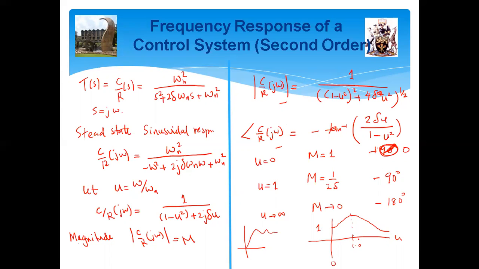For frequency domain, you need to show both the magnitude and the phase. So the phase, you can plot this and you'll get something like this. This is just a sketch. At 1 you have minus 90, and then there you have minus 180.